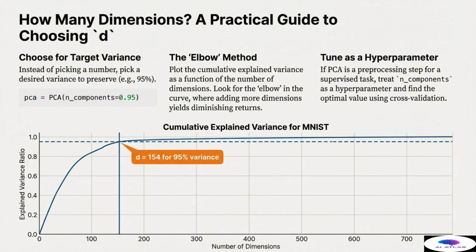Third, if PCA is a preprocessing step for a supervised task like classification, you should treat n_components as a hyperparameter and tune it. Use cross-validation to find the value of d that results in the best overall performance for your downstream supervised model. In the MNIST plot, to hit 95% variance, we only need d equal to 154 dimensions.